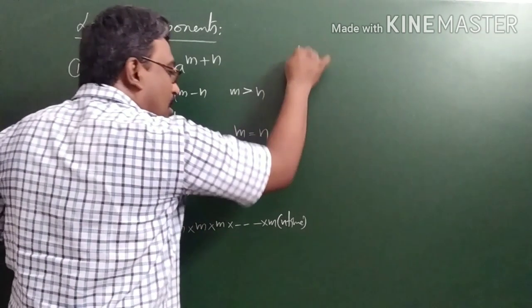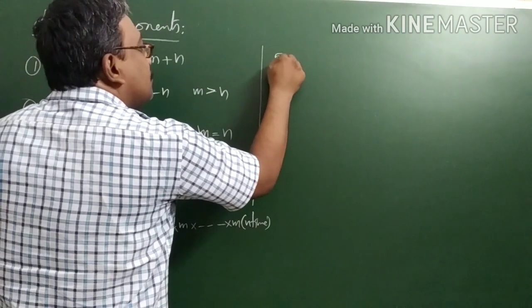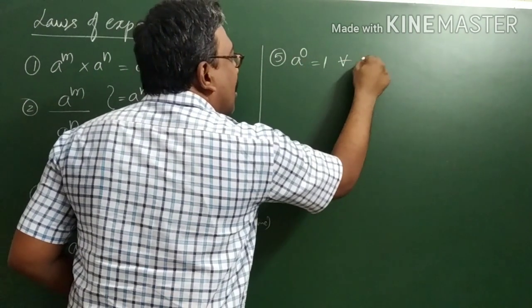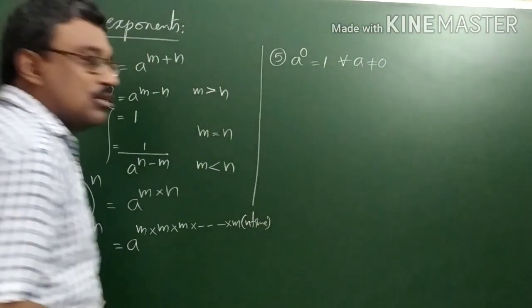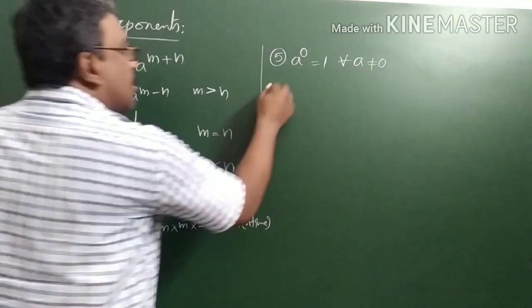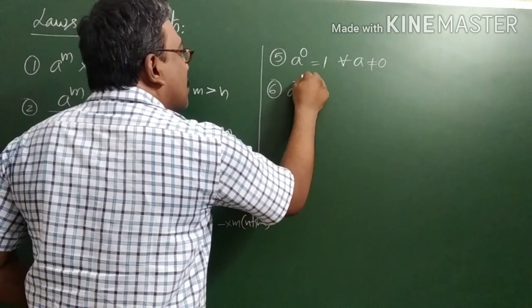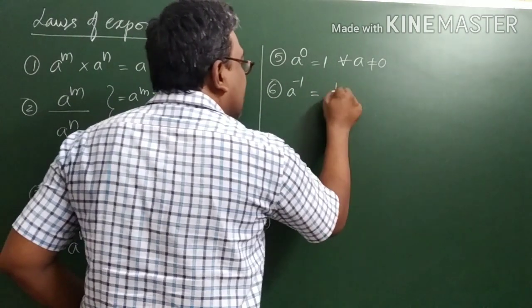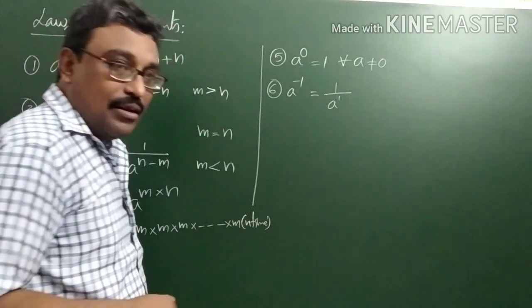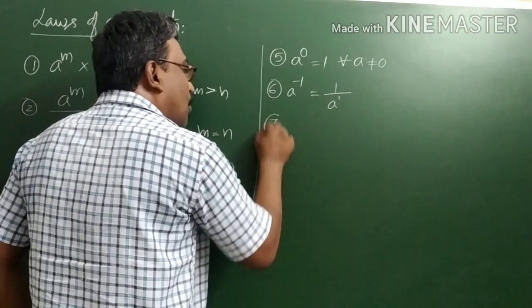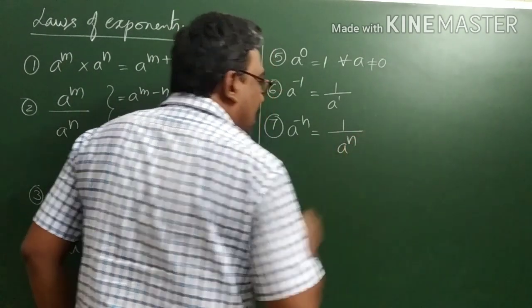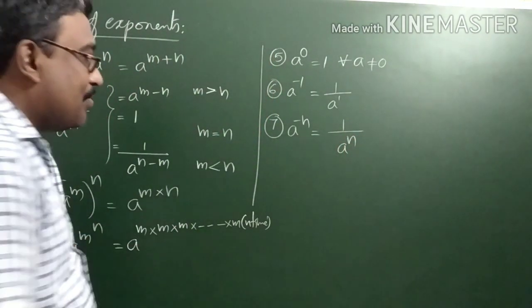Now, some more formulae. A to the power of 0 is equal to 1 for all a not equal to 0. Okay? The next one. If a power minus 1, if it is negative, then it is 1 by a power 1. To some extent, a to the power of minus n is 1 by a to the power of n.